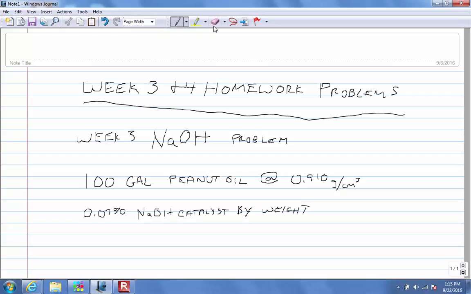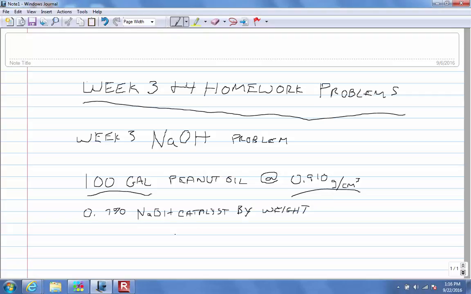So let me correct this right here so we're not screwing that part up. What I need to do is basically get this into an equation, and I need to get 100 gallons of peanut oil by weight. I need to use my conversion. I've got my quantity here. I've got my weight here.